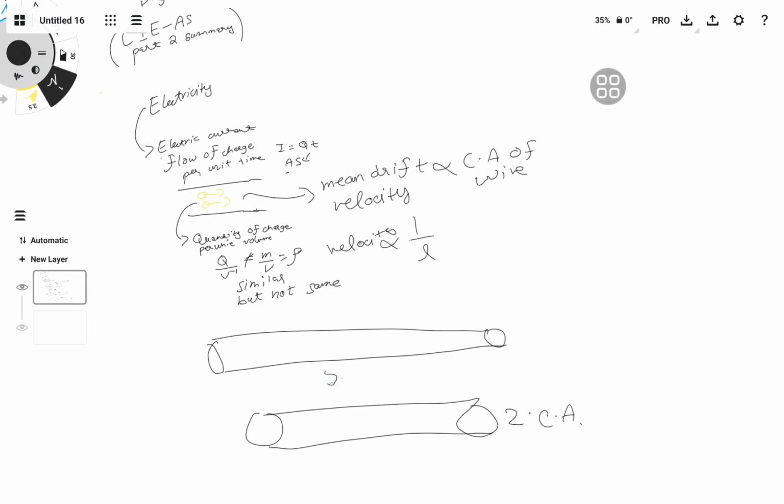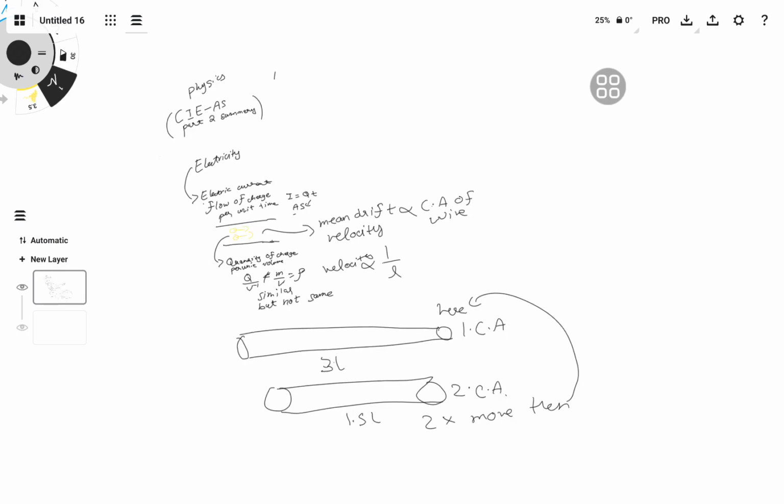This is 3 times the length, with 1 times the cross sectional area. So we might have a ratio question like this. So this will have more mean drift velocity, about 2 times more than here. Okay, so we have discussed this.